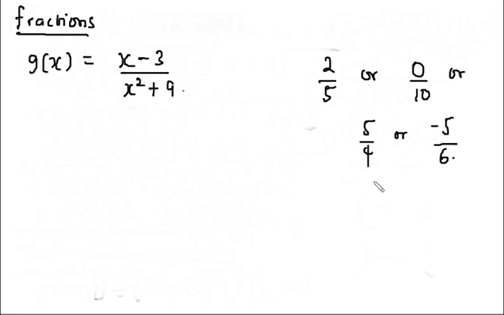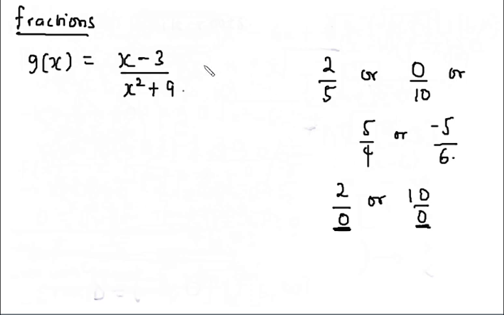But you cannot have fractions that are 2 over 0 or 10 over 0. These fractions are undefined. And we know that the domain needs to happen for defined regions.